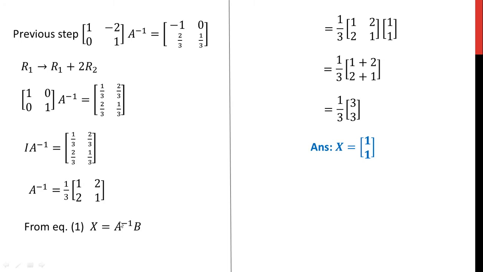So here we need to find the inverse of the matrix, and by taking the product of the inverse and the given matrix B, we get the unknown matrix, that is x is equal to the matrix 1 1. Okay, so this is the procedure. So you must know how to find the inverse of a matrix. Here you can use row transformations, column transformations, or the adjoint method also to get the inverse of the matrix.